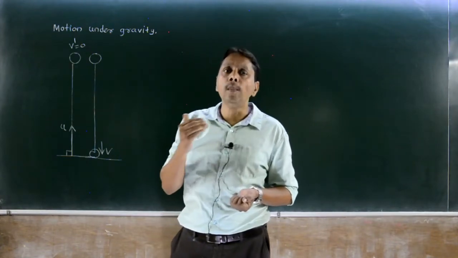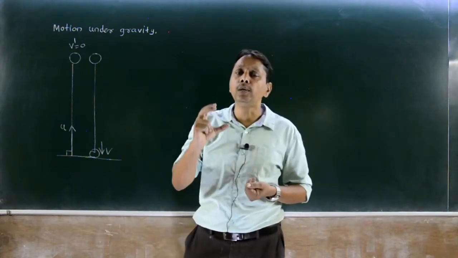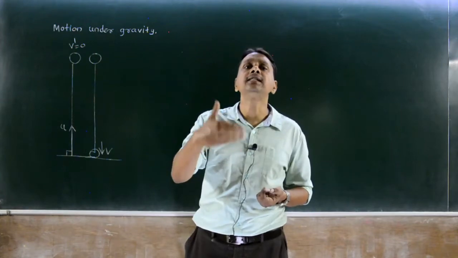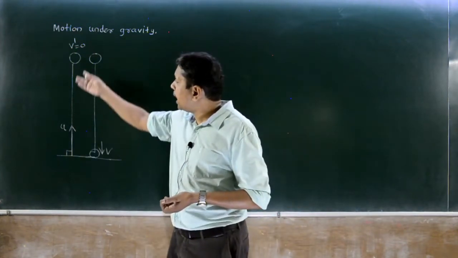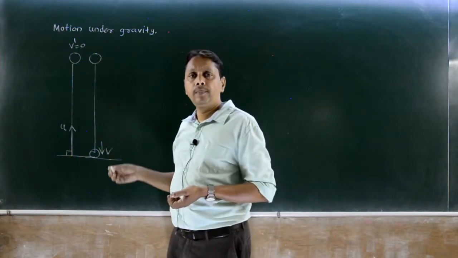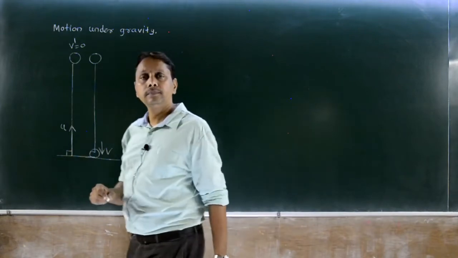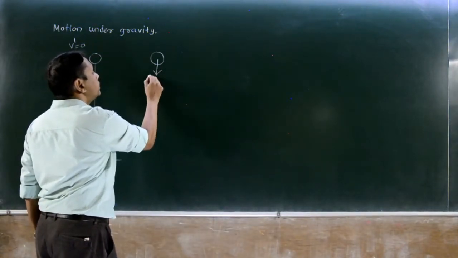To solve these numericals, first of all we have to use acceleration due to gravity, so for that purpose let's clear its sign convention first. When an object is thrown against gravity or with gravity, the weight of the body acts vertically downward.